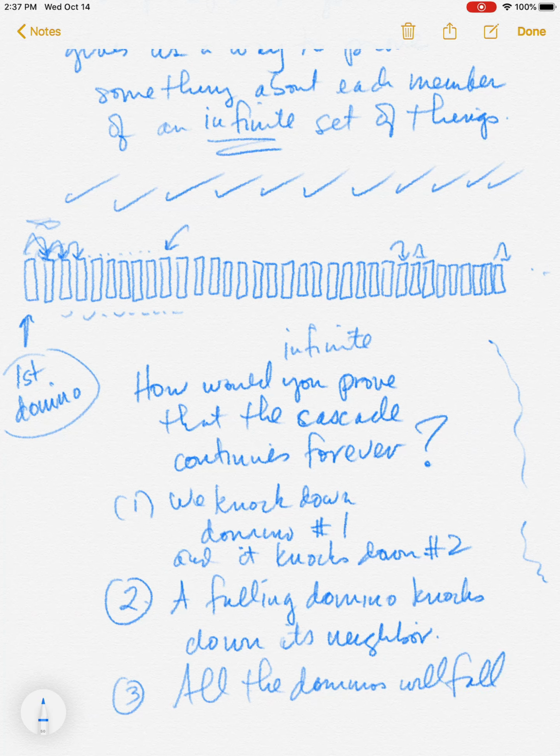And if you've got an infinite collection of them that are set up just right, that's our assumption, that cascade's going to continue forever. So this metaphor is often offered as an illustration of reasoning by mathematical induction.